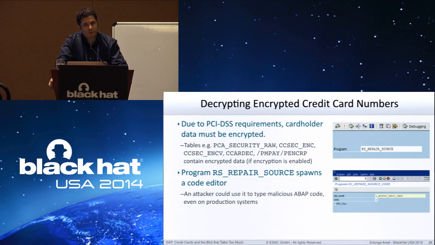But even on production systems, there is an SAP functionality called RS Repair Source, which you can spawn to create a new program in the SAP system, if you have the right access, of course. So the attacker can create a new program that decrypts credit cards and then decrypt all the credit card numbers which are encrypted in the system. So this is possible.